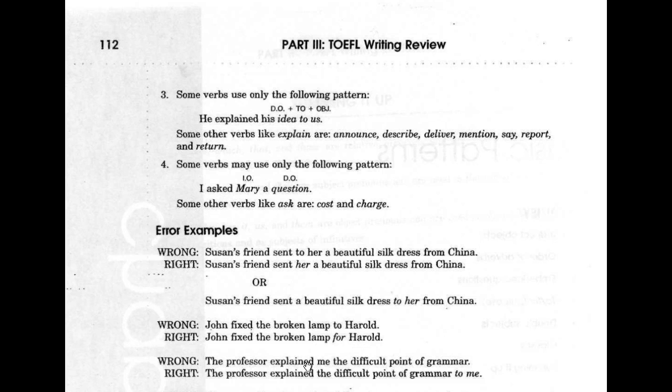The professor explained me the difficult point of grammar. In this case, what is he explaining? He's explaining the difficult case. That's the direct object. Here we have another example: the professor explained me the difficult point of grammar.